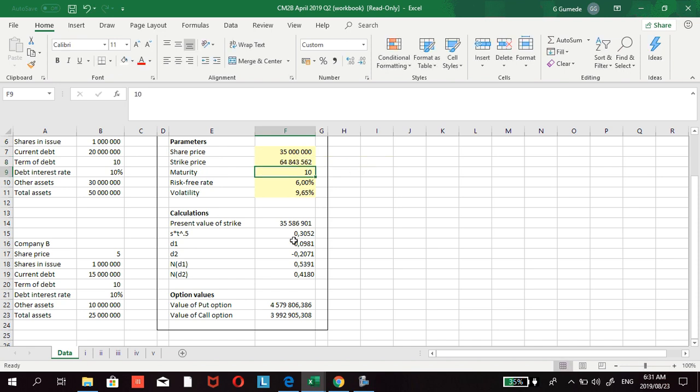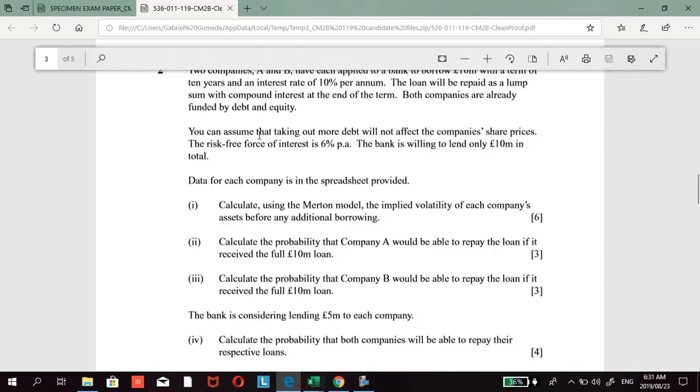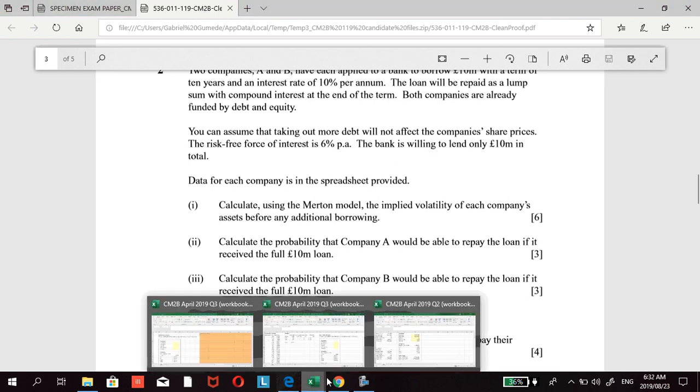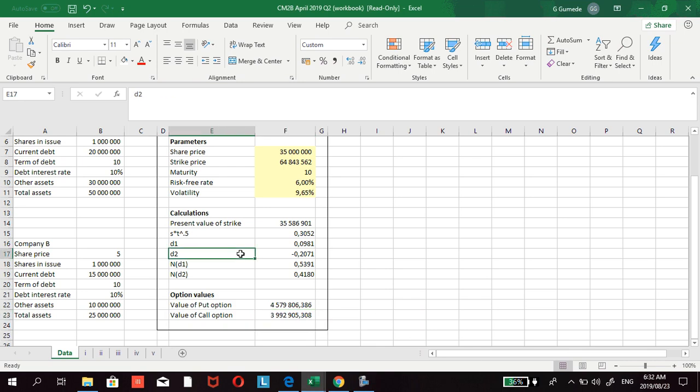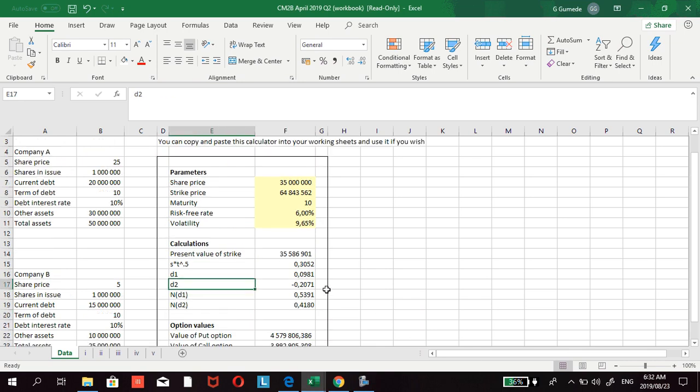Everything seems fine to me. Now, don't worry at this value here. You know that the value of the call option must be close to 5 million, which is what the shareholders of the company will get. Okay. But the examiner said that you may assume that taking out more debt will not affect companies' share prices. So I've got a feeling I typed something wrong here.